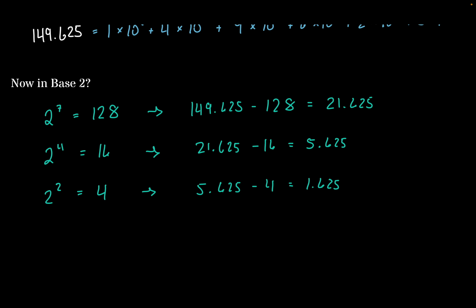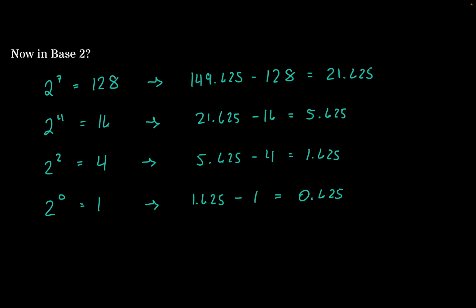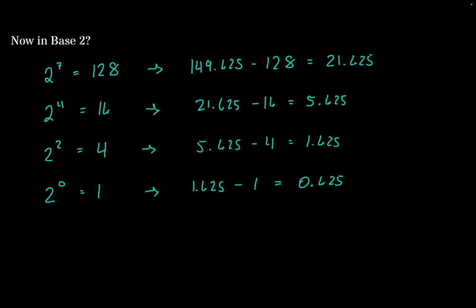Now notice the next power of 2 would be 2 to the 0, which is equal to 1. So we'll subtract our 1, and then we'll be left with 0.625. We don't stop there, because we'll stop once we get to 0. Next we can say 2 to the negative 1. That's equal to 0.5. So now we're getting into our decimals.